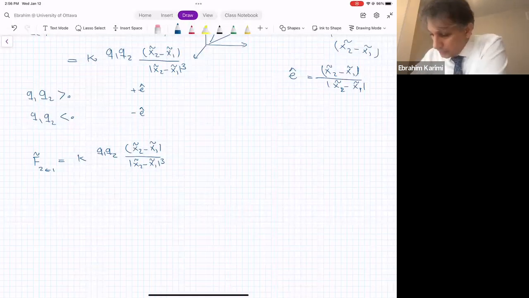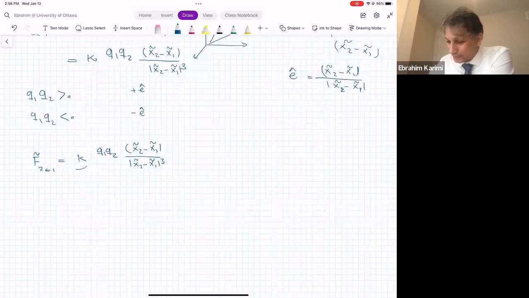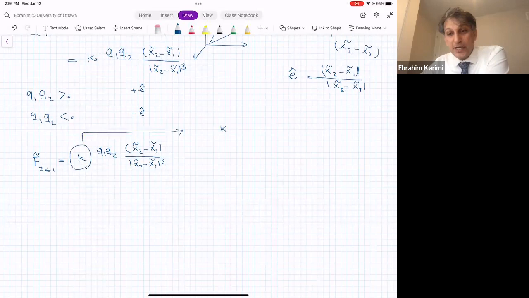Wonderful. Now is the time to discuss that. Of course, we know that we have two unit systems, CGS or SI. The K, this constant, depends on the unit system that you choose. For the CGS system, that is equal to 1.